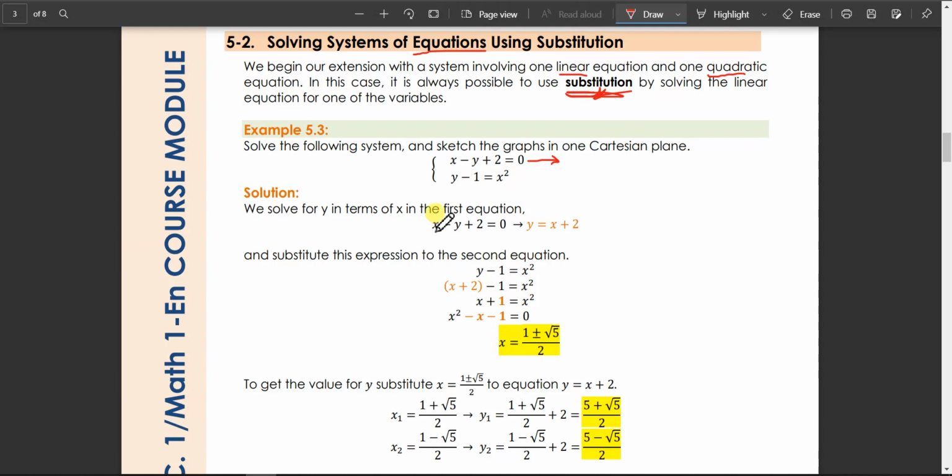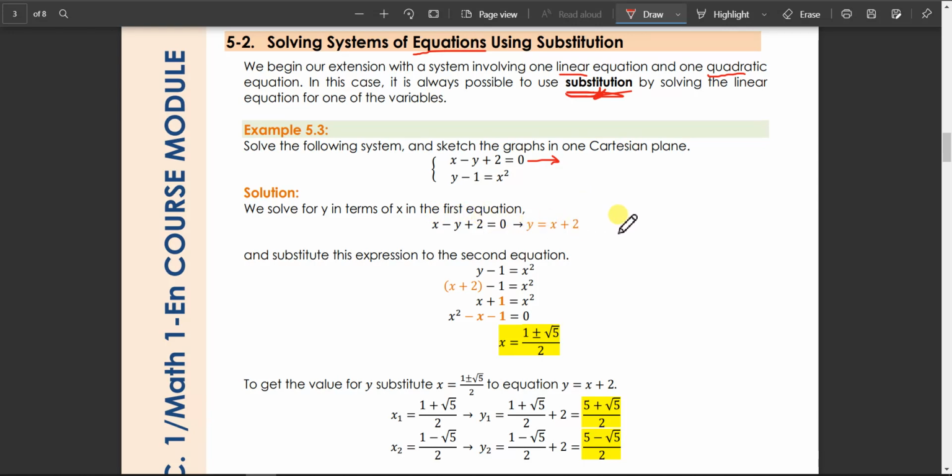So again, we have given x minus y plus 2 is equal to 0. So we are going to solve for y in terms ni x. That is simply by transferring our negative y to the other side of our equation. So by transferring, it will make your y positive. Then ang sa other side sa mong equation will be x plus 2.